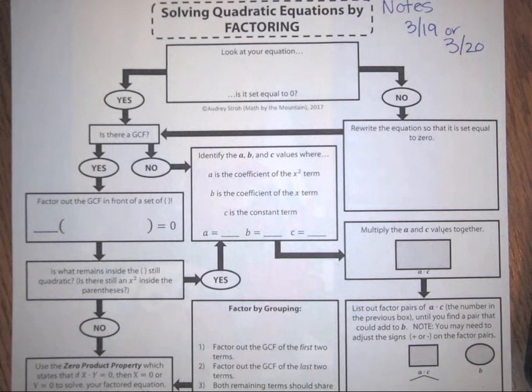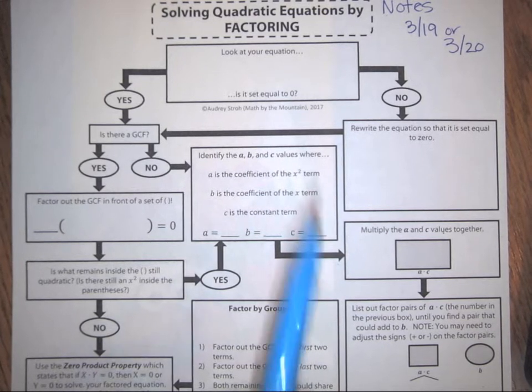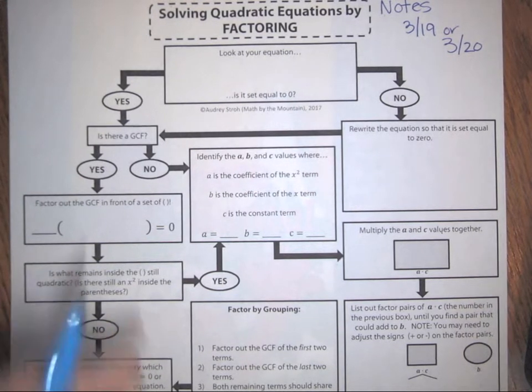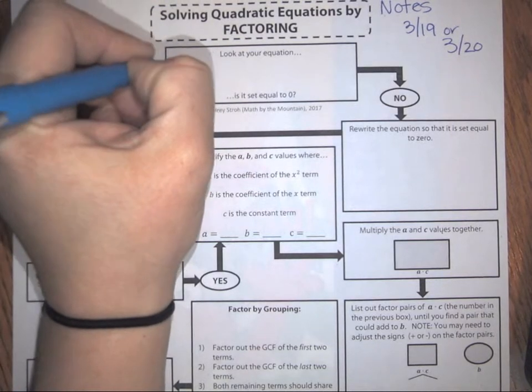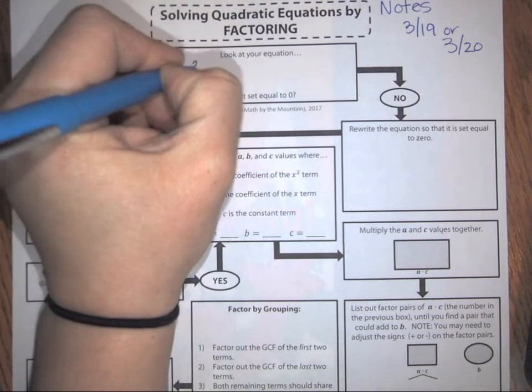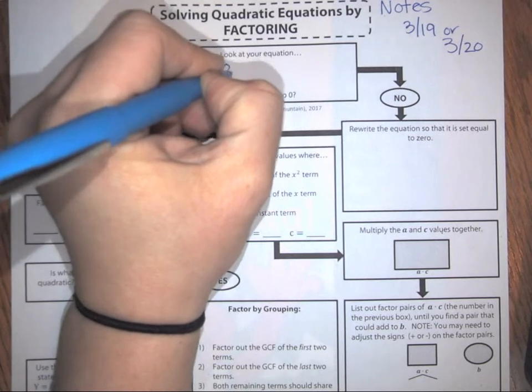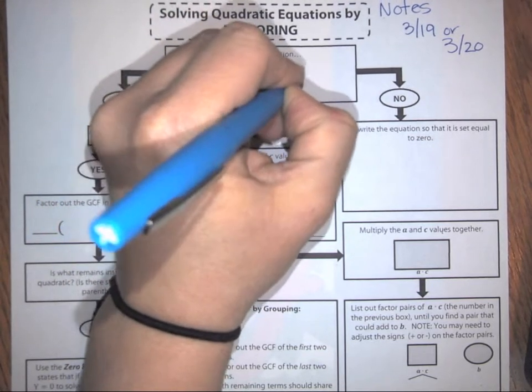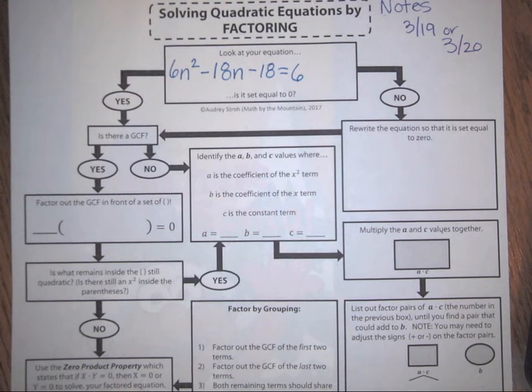For this video, we're going to be talking about a flow chart for how you can solve quadratic equations by factoring. We're going to start with the function 6n squared minus 18n minus 18 equals 6. First thing: is it set equal to 0?